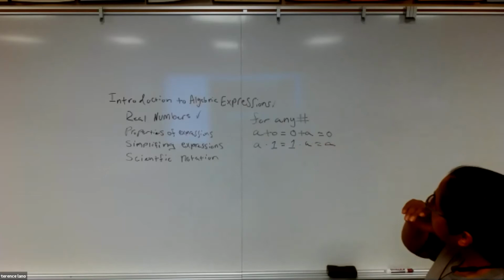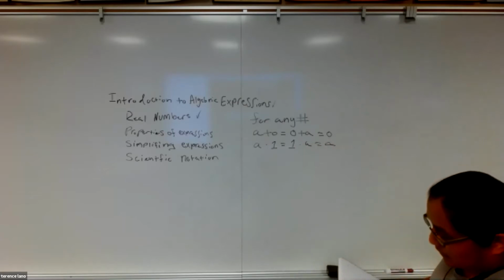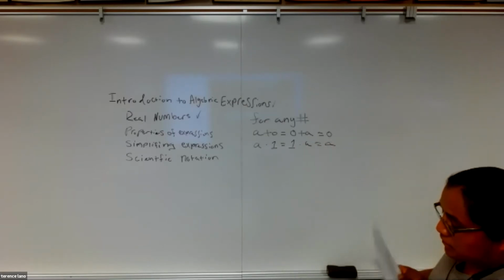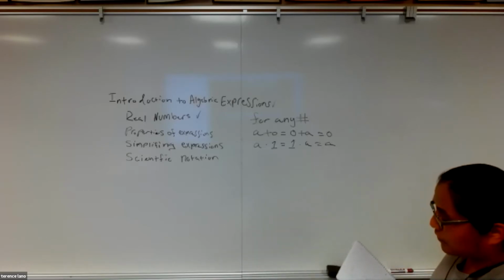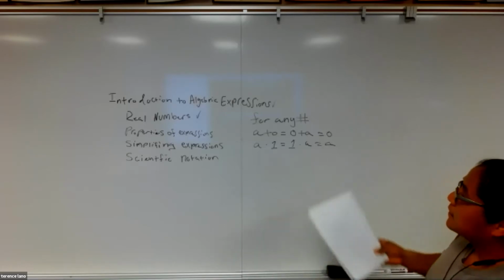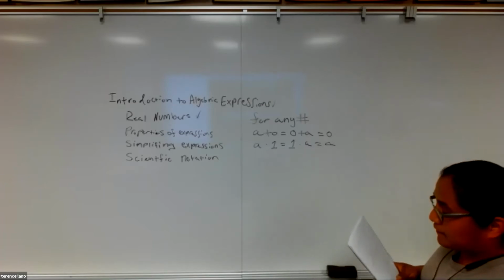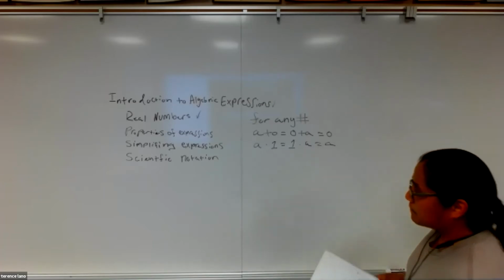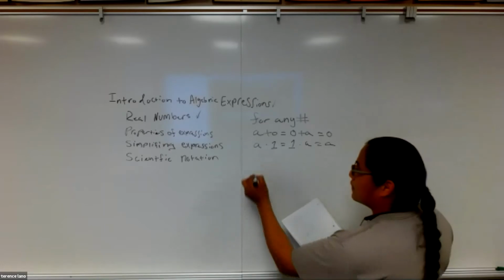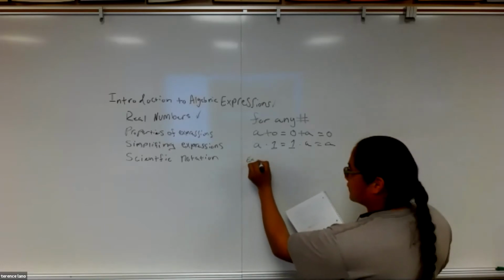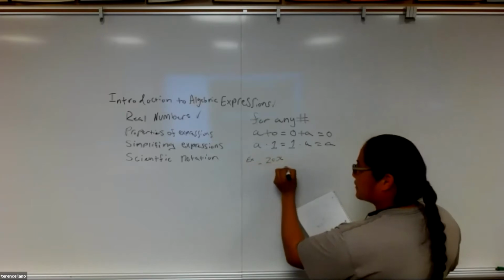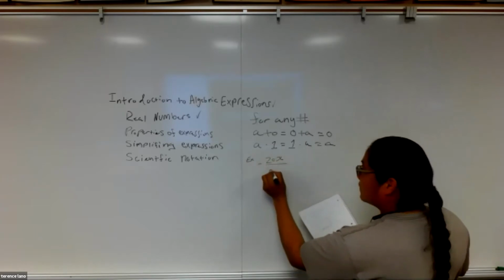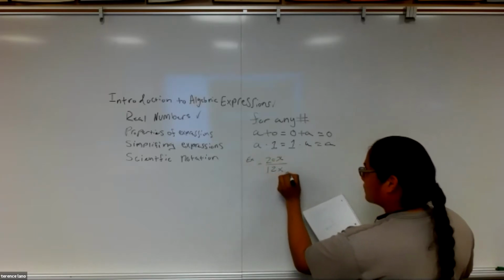And then the examples I'm going to be giving are going to be in fraction form. My first example is going to be negative 20x divided by 12x.